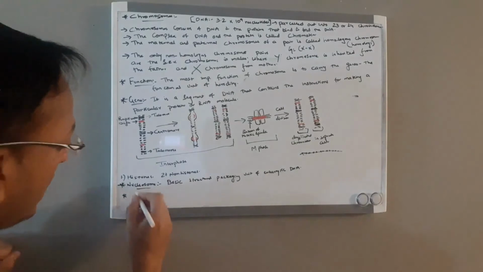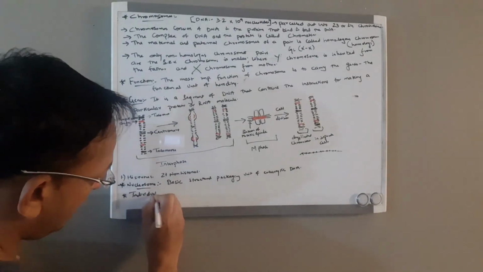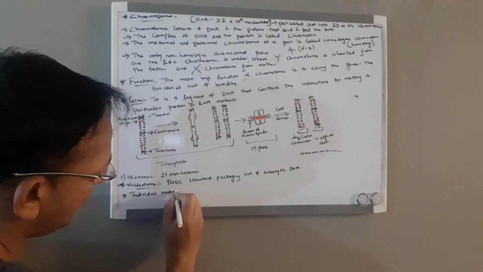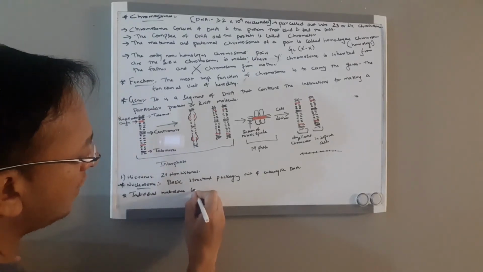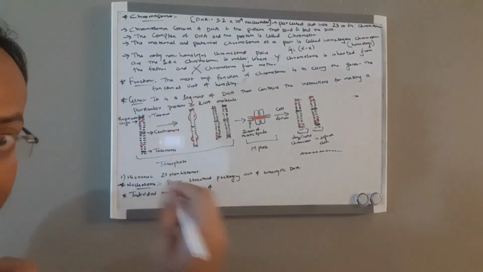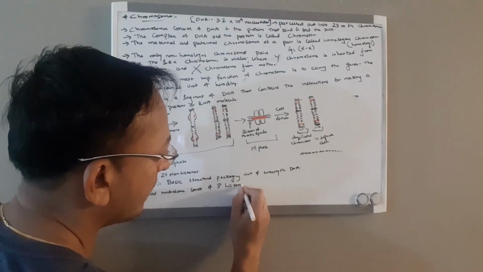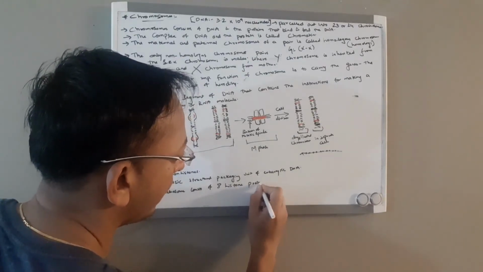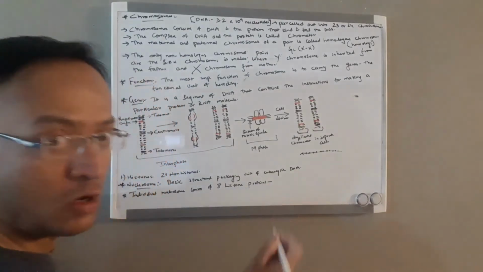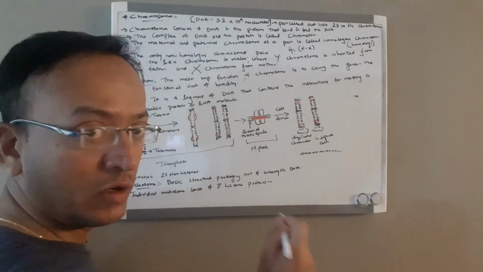Right, so I will write it down here for you. An individual nucleosome consists of 8 histone proteins, which are two molecules of each histone.